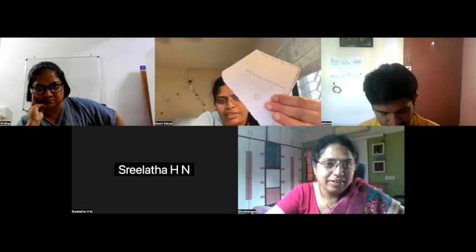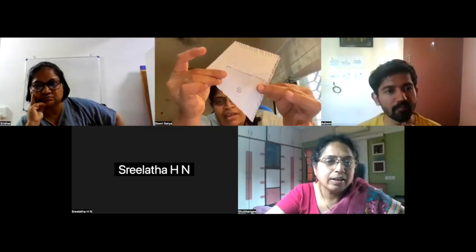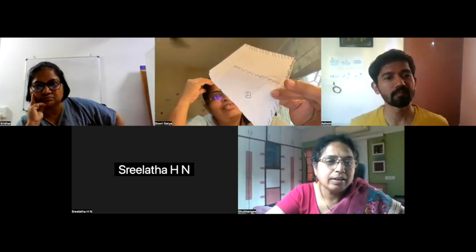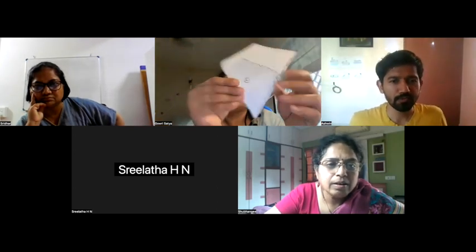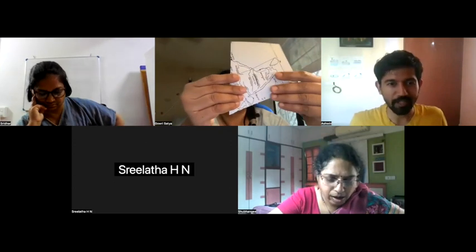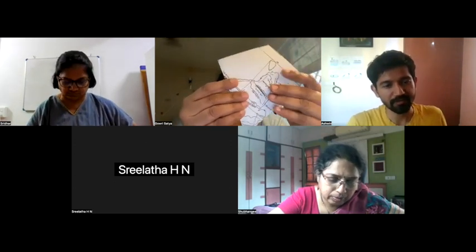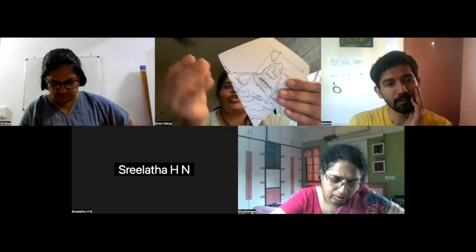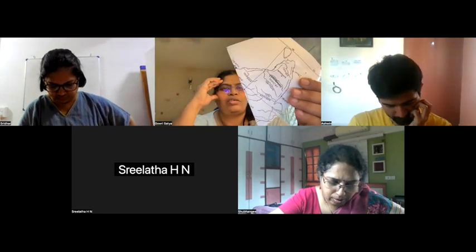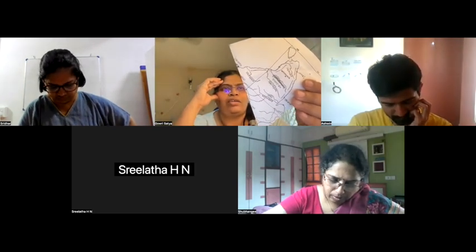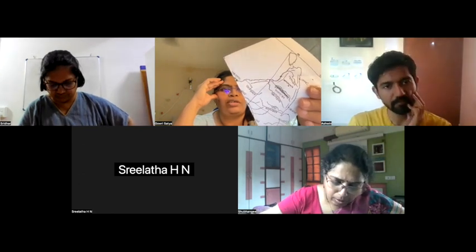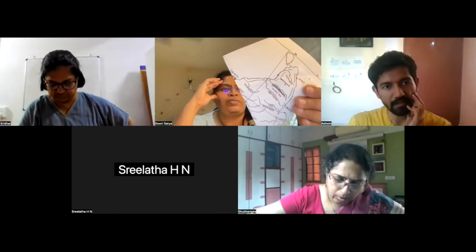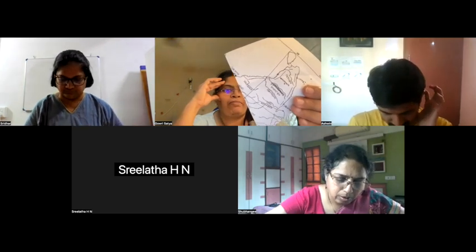Are these similar quadrilaterals? No, I also thought of that, but no, it's not, because the scaling is not linear. It's not equal on all the sides. So the angles are the same, but it's not similar.